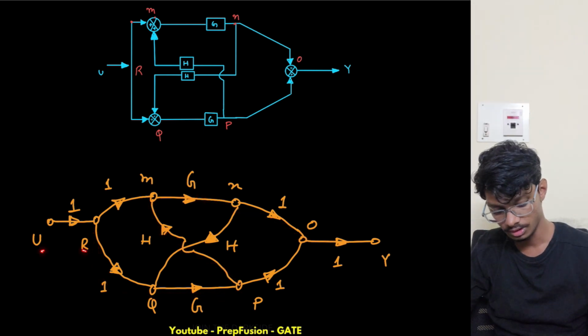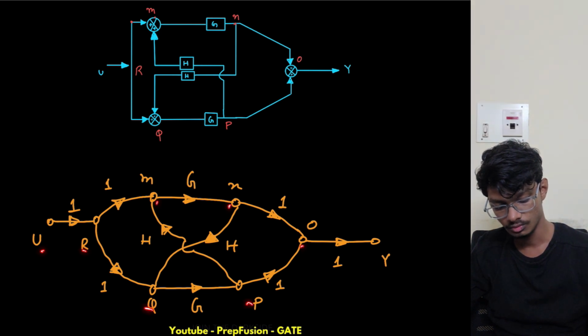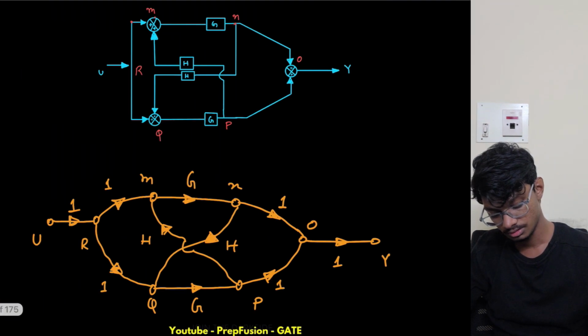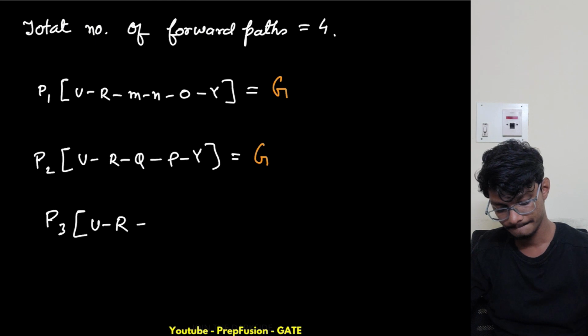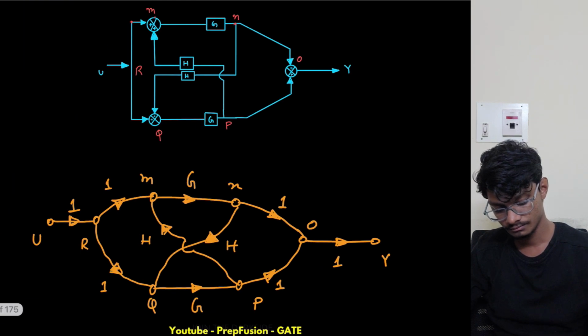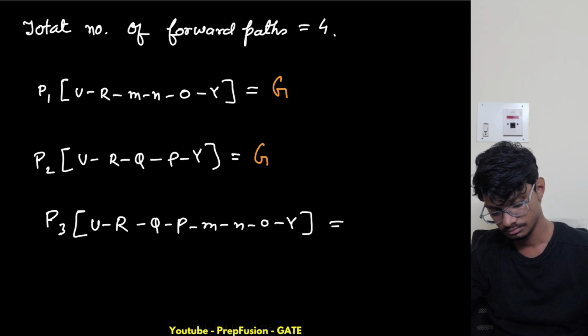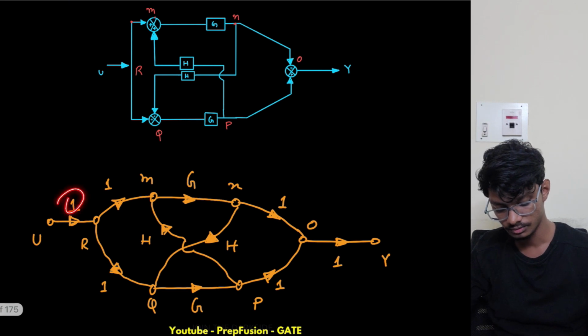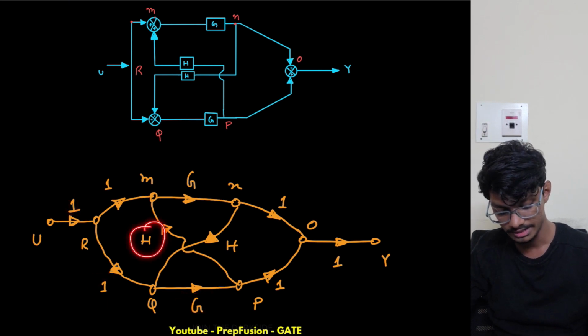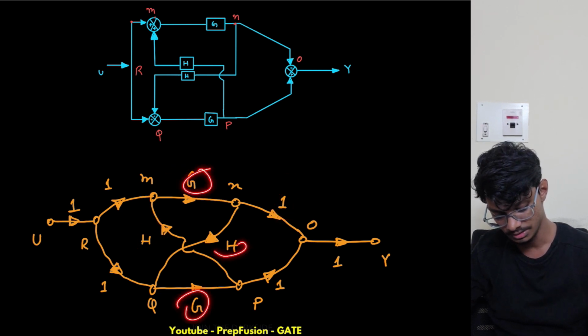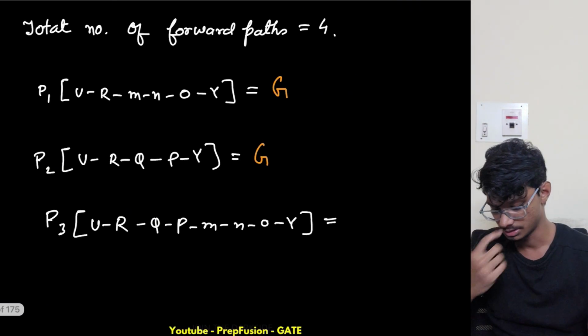So this is U R Q P M N O Y. What is the gain of this? It is 1 times G times H times G times 1, basically G H G, so it is G square H.